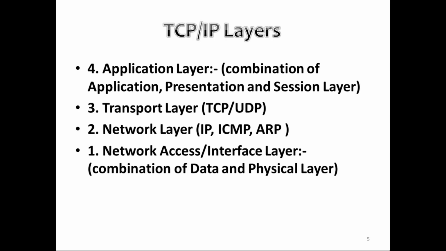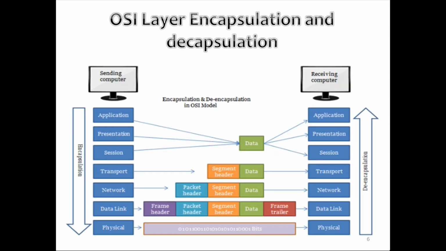These layers are followed by both ends of the network, in a method logically called encapsulation and decapsulation. You can consider this when a source sends data to the destination. Here on the screen you can see the source computer is sending some data which is being encapsulated.